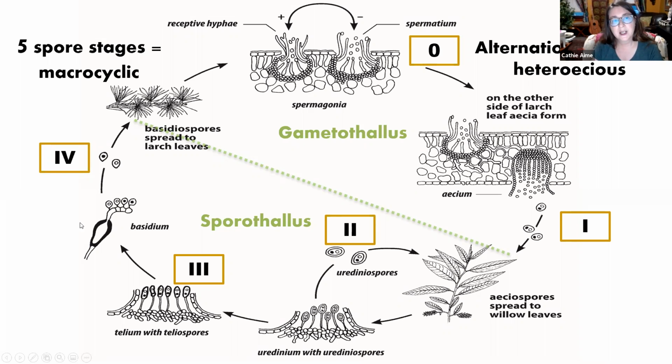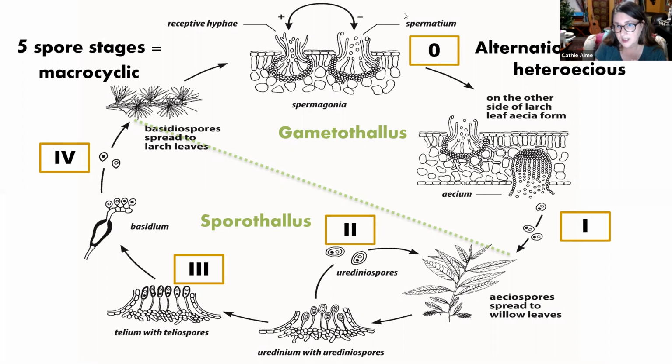And then in the spring, that teliospore germinates, undergoes meiosis, and produces a basidium, just like a basidiomycete, with these haploid basidiospores that go and start the cycle all over again. So that's it in a nutshell.